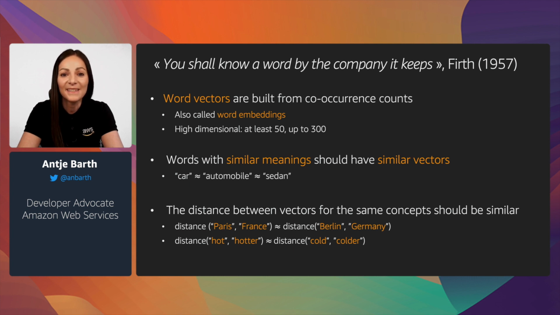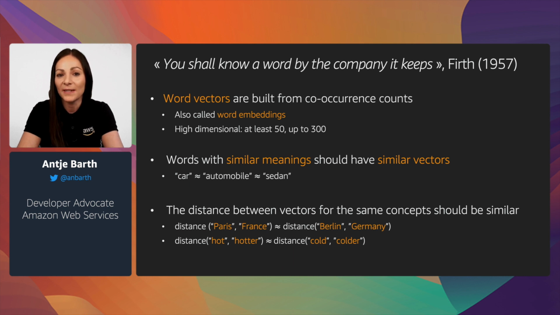Machines need numbers. So what we have to do is basically take our words and encode them in vectors, also called word embeddings. And they can get high dimensional, at least 50, sometimes up to 300 dimensions.